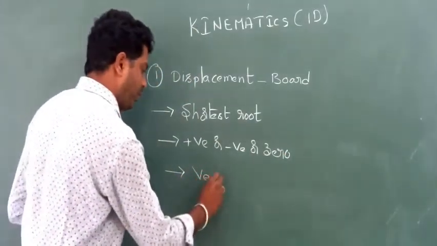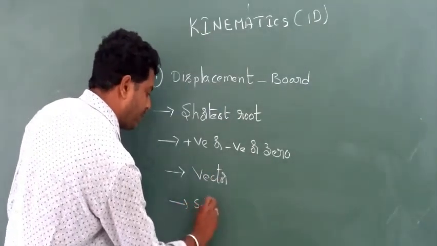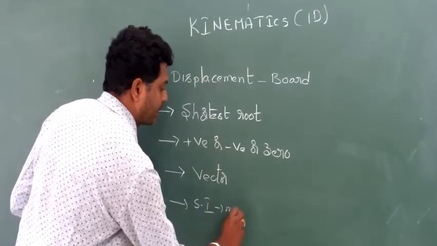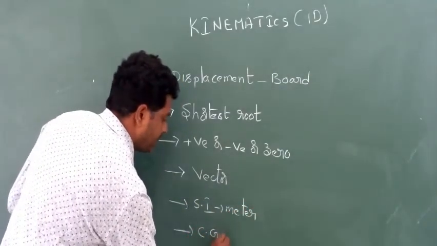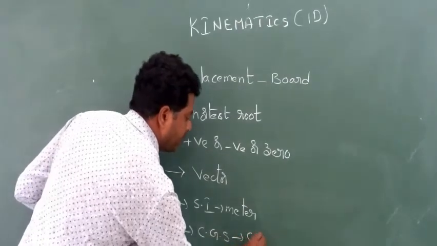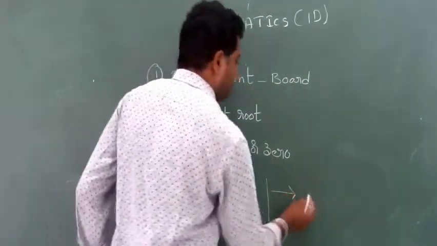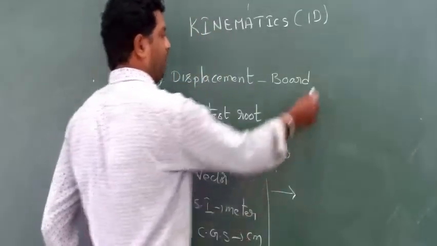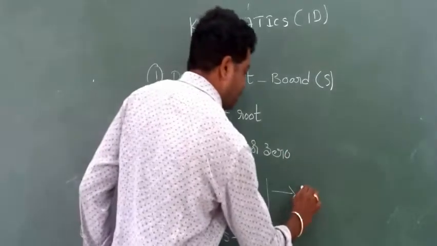Displacement is a vector quantity. The SI unit of displacement is meter. The CGS unit of displacement is centimeter. Displacement is denoted by S.